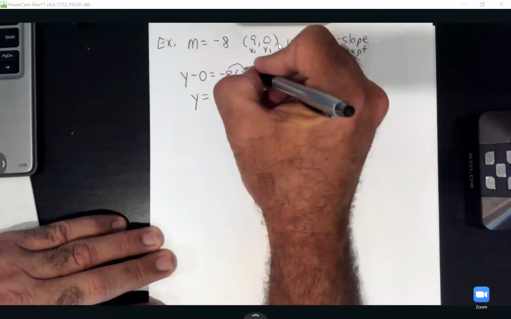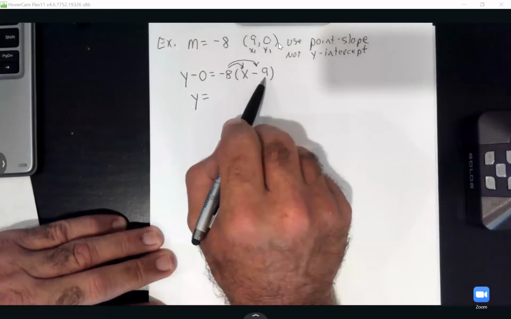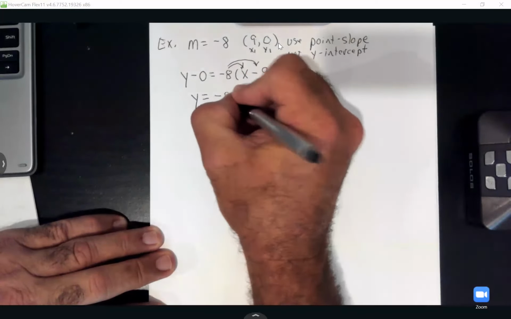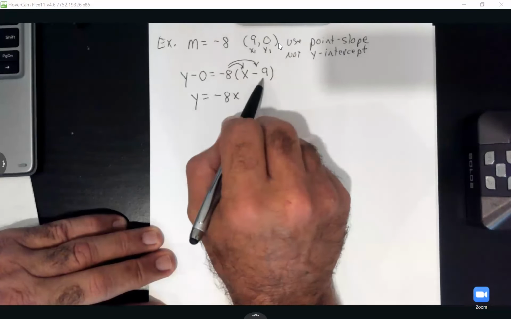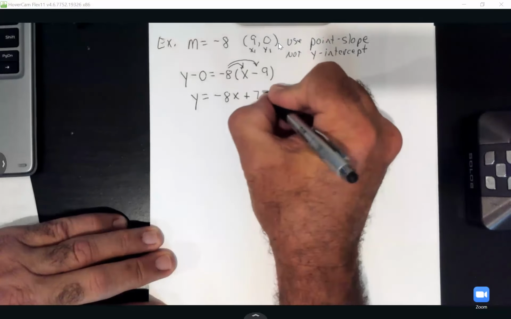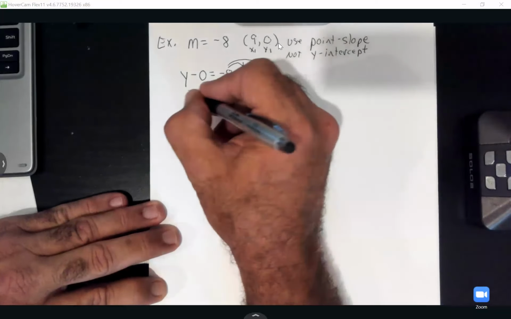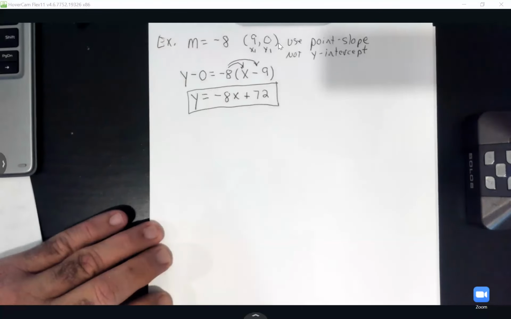Over here, to get rid of these parentheses, I'm going to distribute that -8. So -8 times x is a -8x. That -8 times that -9, two negatives make that a +72. So now we got our equation in slope-intercept form, and we're done.